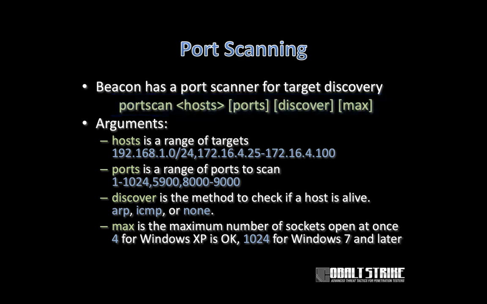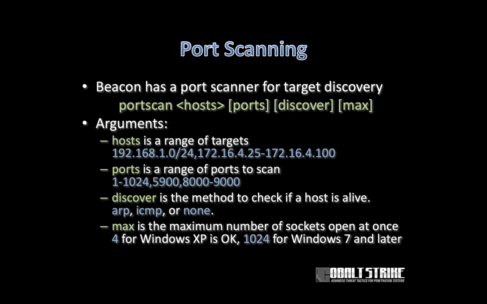When you specify host, you can use CIDR notation, you can use ranges, or just hosts by themselves, and you can separate multiple groups by commas. Absolutely okay. Same with ports. You can specify a range of ports to scan, and you can specify multiple ranges separated by commas. The discover argument is the method to check if the host is alive.